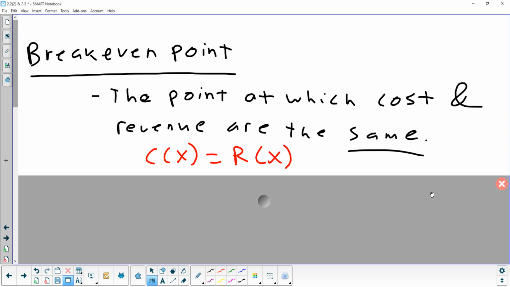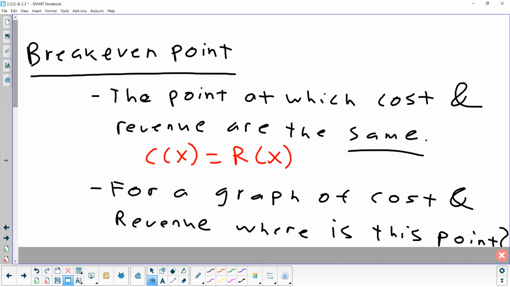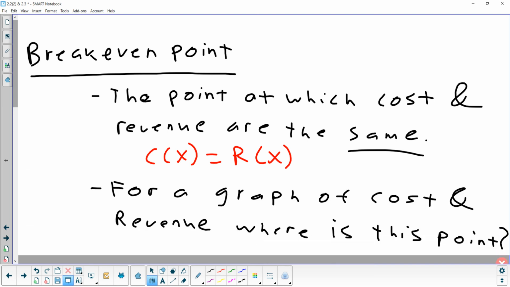It's where cost and revenue are the same. So when you're looking at a graph, we already answered this, it's where they intersect. So for a graph of cost and revenue, it's where the cost and the revenue cross each other.